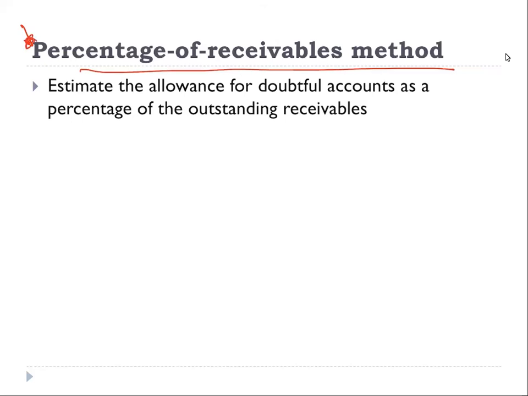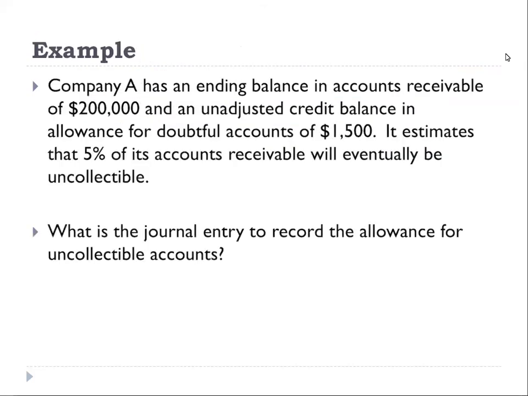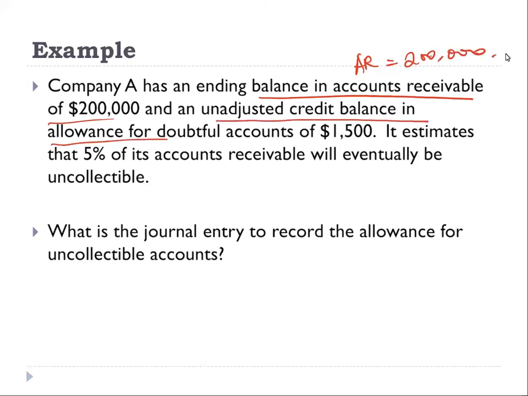Under this method, we estimate the allowance for doubtful account as a percentage of the outstanding receivables. What do we mean by this? Suppose company A has an account receivable ending balance of 200,000, and the unadjusted credit balance in allowance for doubtful account is 1.5 thousand.